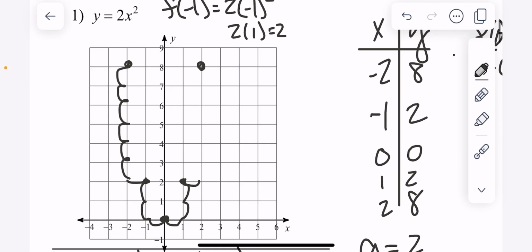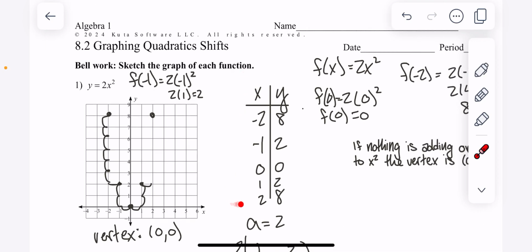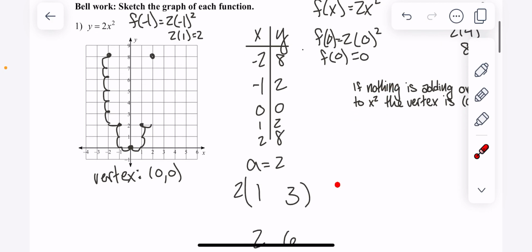So here's how we can do it using our table. Here's how we can do it using the 1, 3 method. Both ways work. We're going to mostly be using the 1, 3 method because it's a little bit faster. And the last thing we're going to do is just finish sketching these graphs.